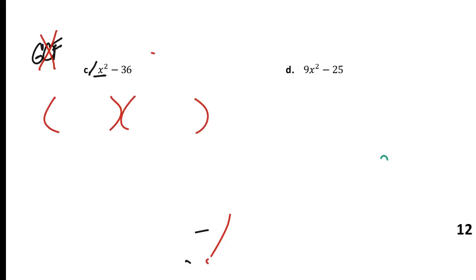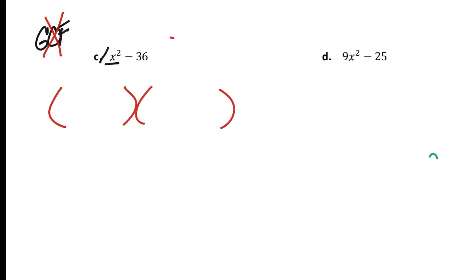So if you were to write this out, x squared minus 6 squared, take the square root. What is the square root of x squared? X. So put that as your first part. And the second one, take the square root of 36. What number times itself gives you 36? 6.